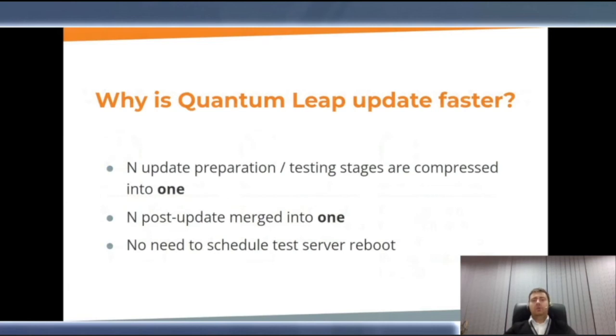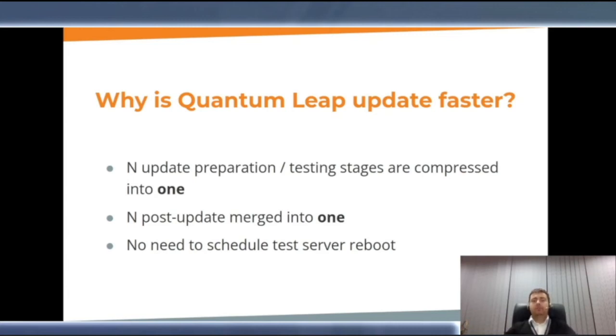And answering the question why Quantum Leap updates faster, let us consider where we can save some time. For Quantum Leap, some steps can be skipped. For example, no need to proceed with the preparation for every update, while it will be performed only once. Also, there is no need to schedule the service reboot or installing RPMs because the target installation already has everything in place.